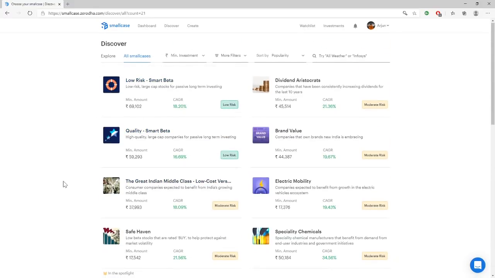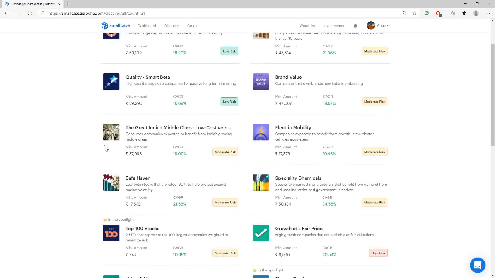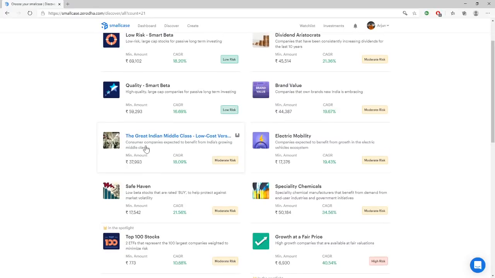For instance, the electric mobility small case is stocks which will do well because of the electric vehicle ecosystem in India. Low risk smart beta is a quantitative portfolio which makes sure that you invest in large cap stocks with the lowest risk possible. There is the Great Indian Middle Class small case, which is a bunch of stocks which will do well if the middle class income in India grows.